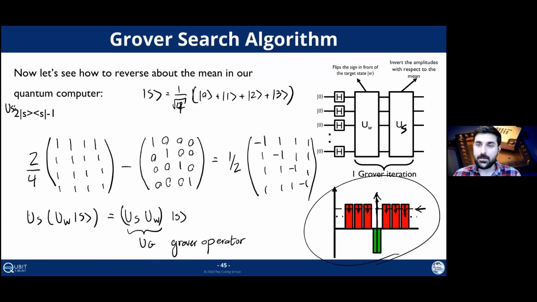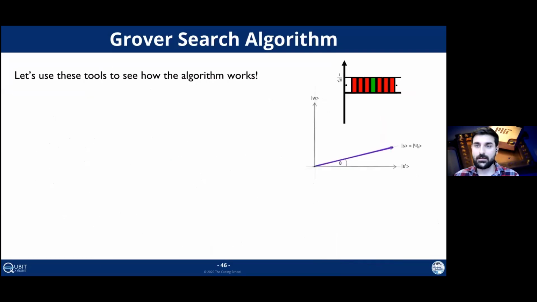Okay, with that, let's look at the geometric argument for what these operators do, and then we can use that as a tool to gain a better understanding of the algorithm itself, and analyze its runtime. So we first start with all of our states in an equal superposition.